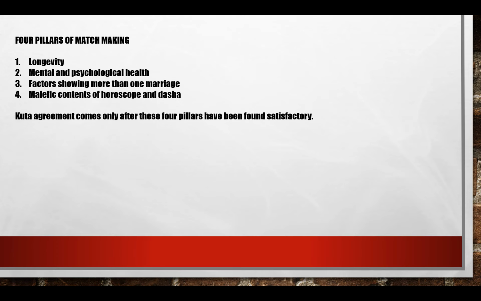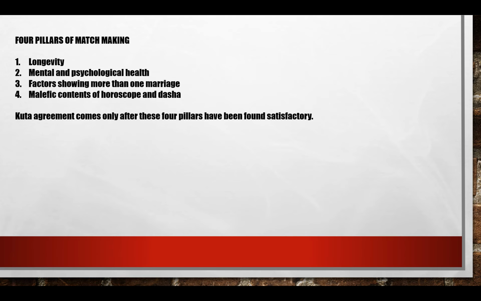The first one is longevity, the second is mental and psychological health, because a sound mind is also very important. Longevity is important because even if they have all the matches, 10 out of 10, if one of the couple is going to die very soon, what is the purpose of such matchmaking?